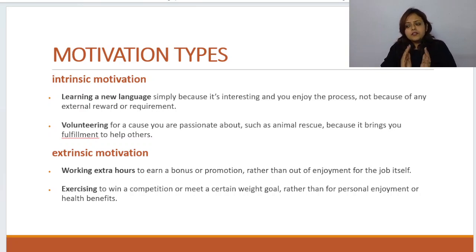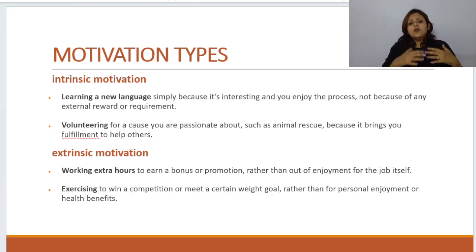Like you have worked an extra 5 hours, so for that you will be getting 500 rupees per hour. So that leads to 2500 rupees for the 5 extra hours that you have worked. So that can be considered as an example of extrinsic motivation.